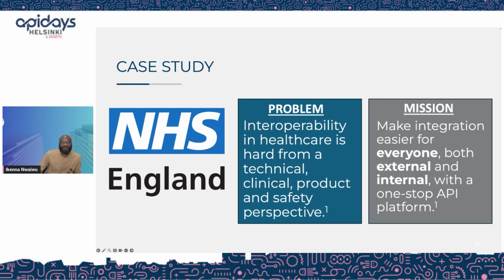And so as part of their API program, they made it their mission to make integration easier for everyone, whether they are external users of the APIs or the internal producers of the APIs. They wanted to provide an API platform that was a one-stop shop to make it easy to both produce and consume APIs.